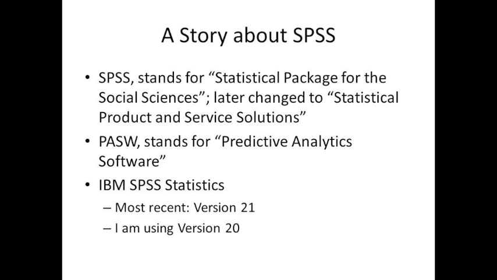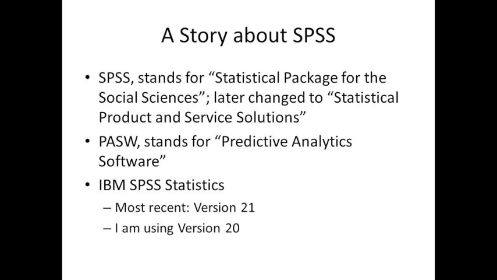So in publications, whenever you see the term SPSS, it may stand for the original program SPSS, it may stand for the later version PASW, or it may stand for IBM SPSS Statistics.